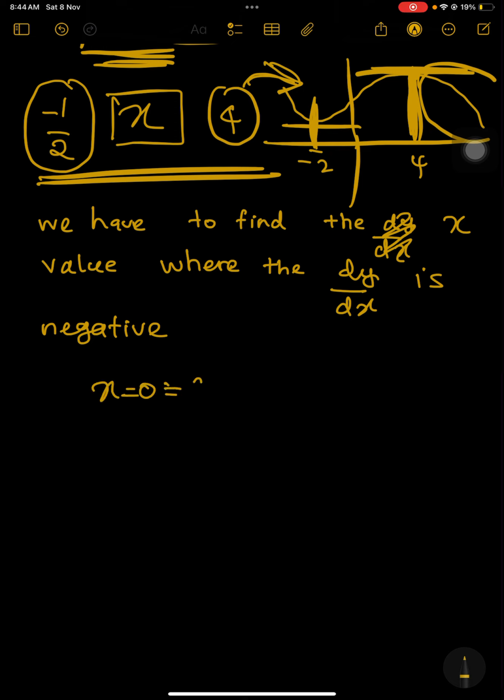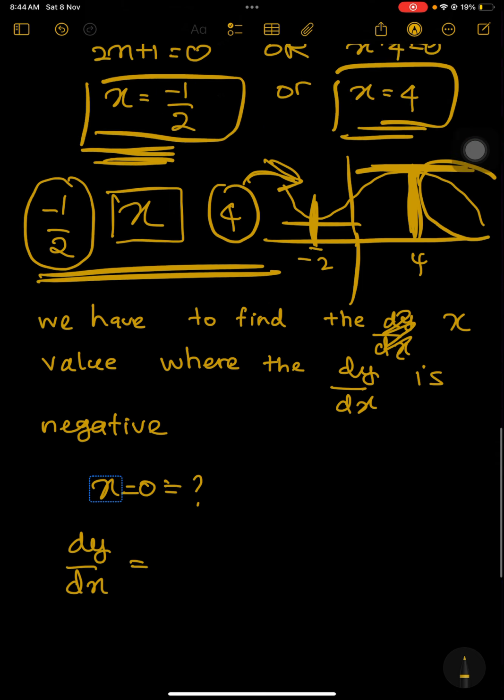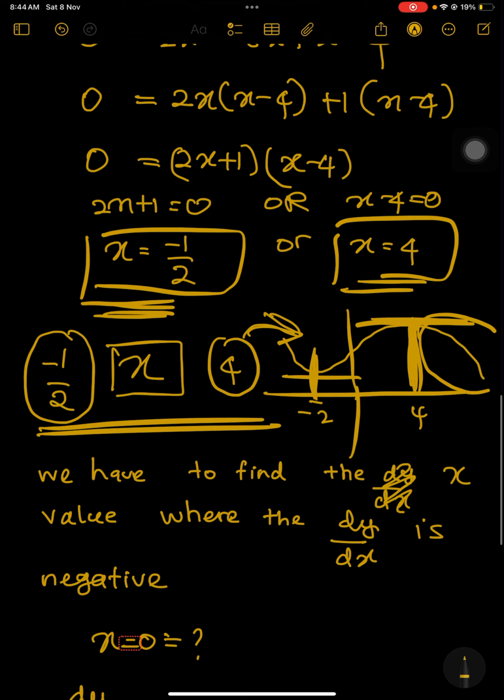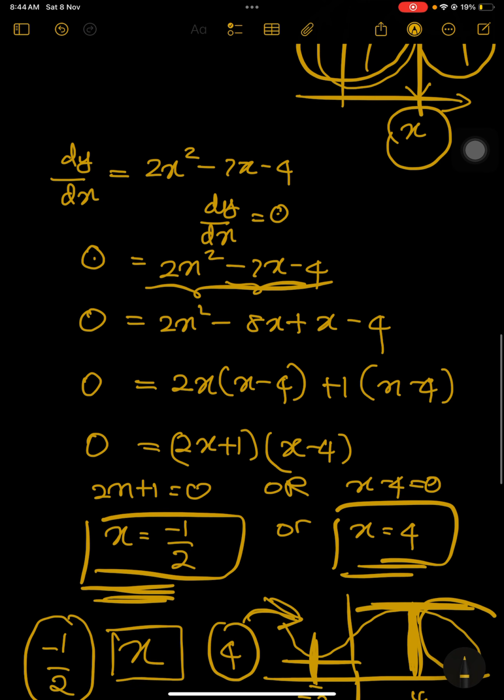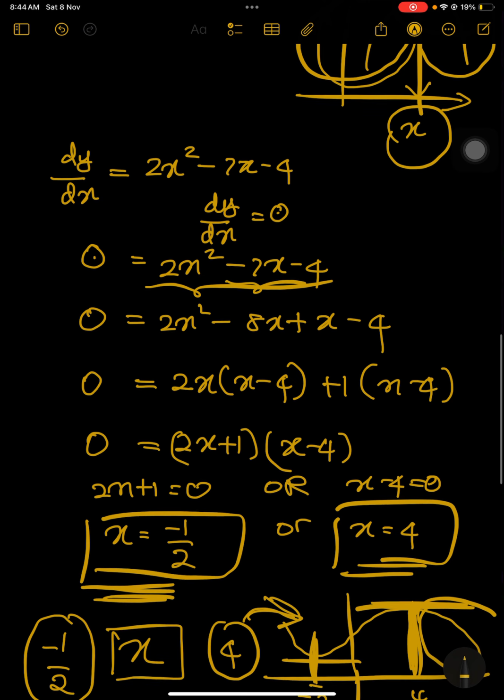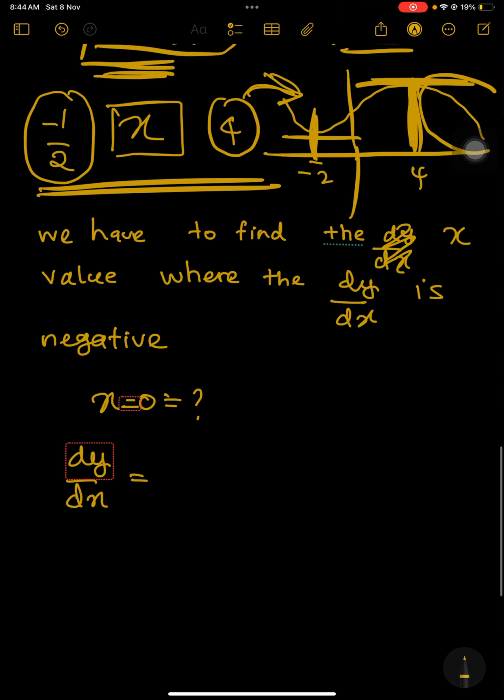And what is the value of dy over dx? dy over dx is 2x squared minus 7x minus 4. With x equal to 0, 2 into 0 squared is 0, this is 0, minus 4.